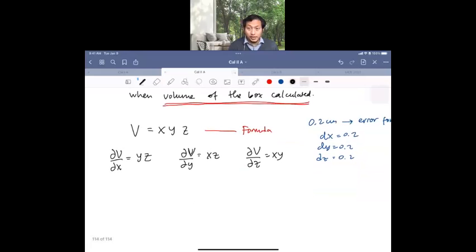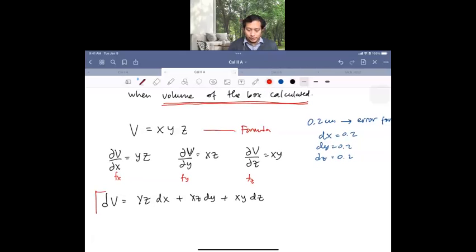And now we can put into the differentials. Okay, this is yz dx, right? This is partial x. Partial y, partial z, plus xz dy plus xy dz. So this is our differentials.